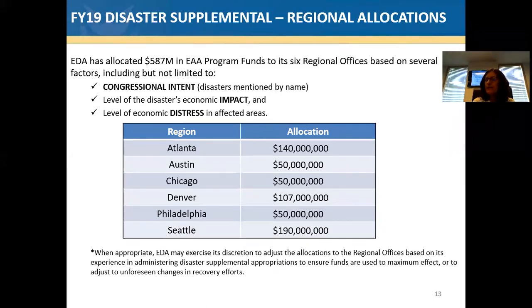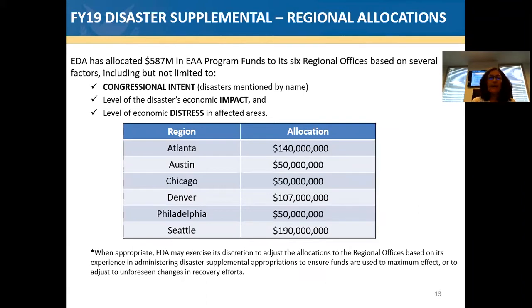EDA has allocated $587 million to its 6 regional offices based on several considerations, including, but not limited to, congressional intent. So those were the disasters that we saw in a previous slide that were particularly called out by Congress in the legislation.